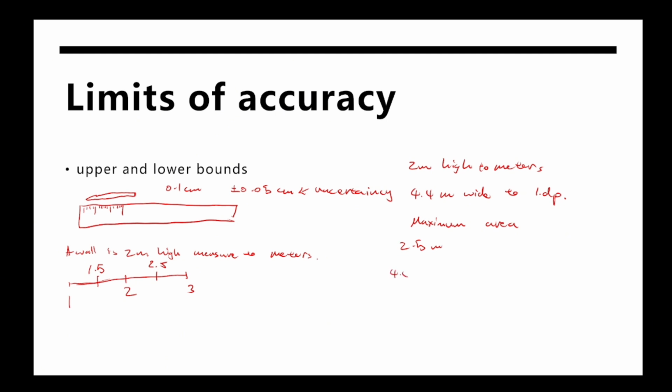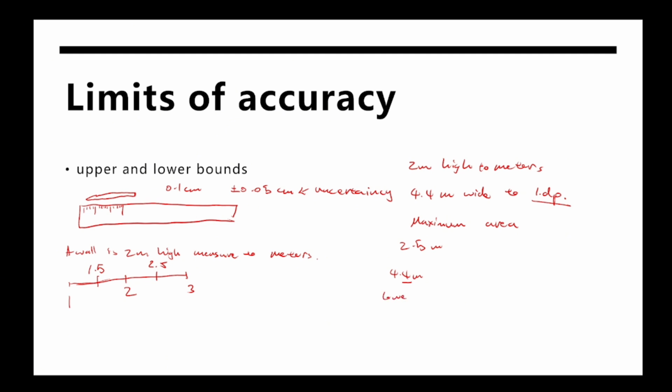And for 4.4 meters, we see here it is measured to 1 decimal place, so we plus minus 0.05, because any number that's greater or equal to 4.35 is estimated to 4.4.